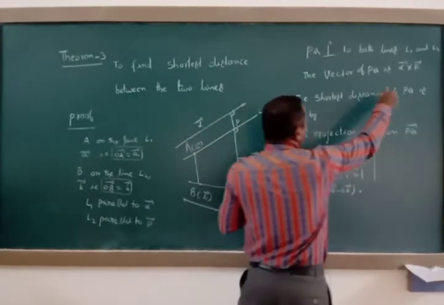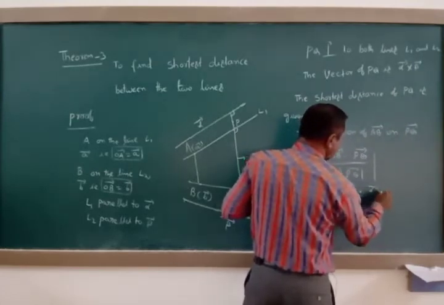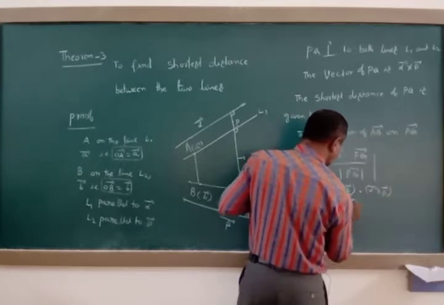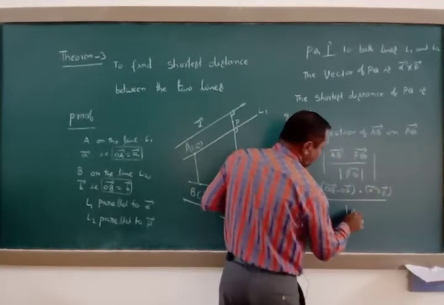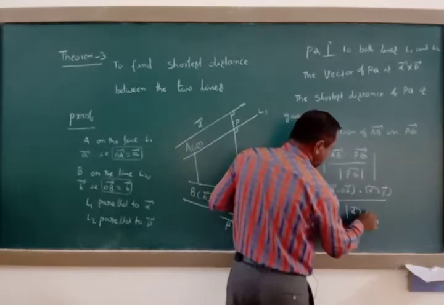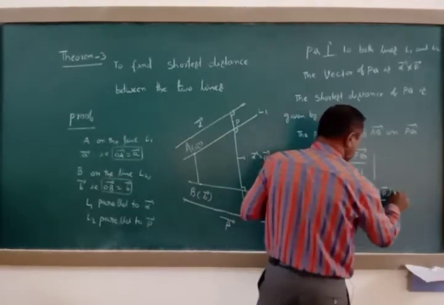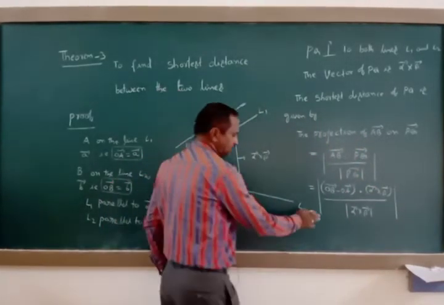In place of PQ we considered alpha vector cross beta vector, whole divided by magnitude of alpha vector cross beta vector. It is put in modulus because the distance is always measured as positive.